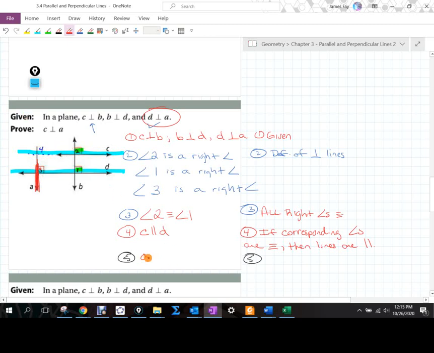A should be perpendicular to C. And the logic is one of those standards we just talked about: if a line is perpendicular to one of two parallel lines, then it's perpendicular to both.